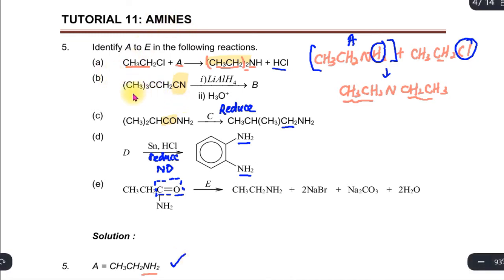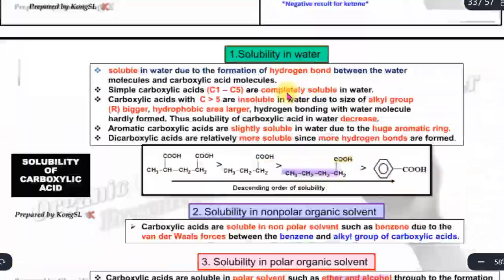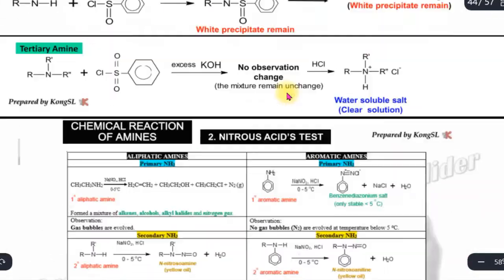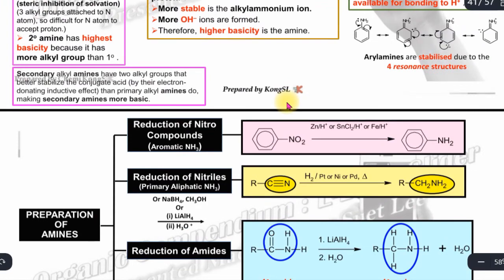Now let's look at part B. This one is a nitrile compound and it undergoes reduction. As we know, the nitrile compound undergoing reduction will form CH2NH2. If you forgot already, never mind, let's check it together. The reduction of a nitrile compound: you can use lithium aluminium hydride, or sodium borohydride in methanol.